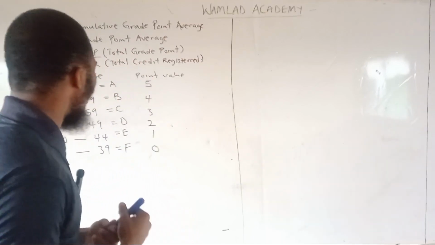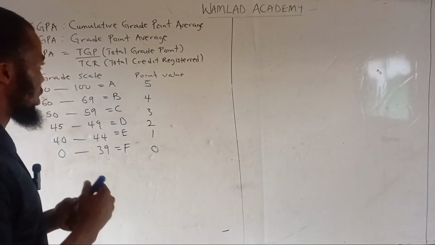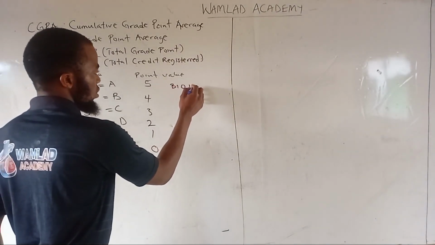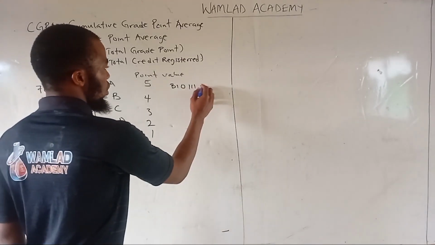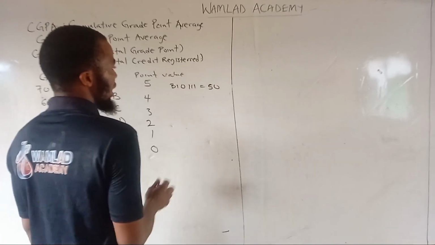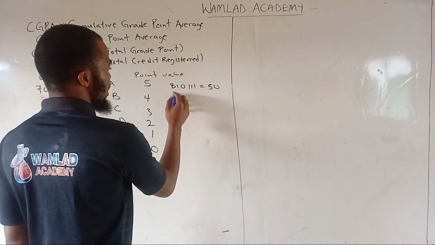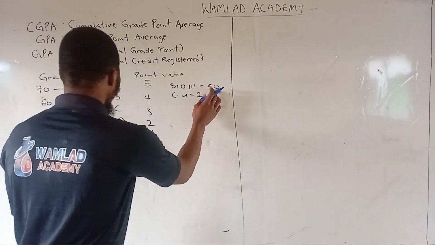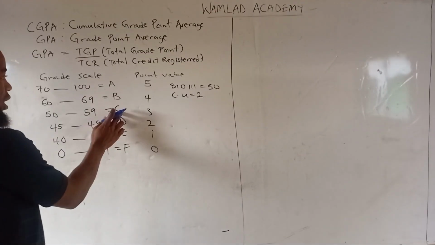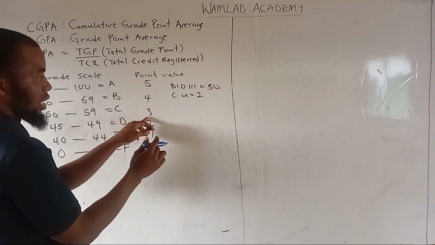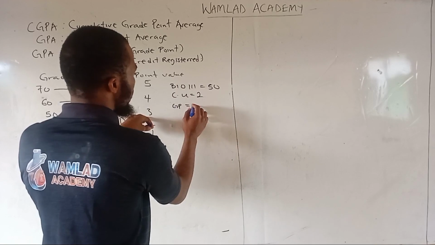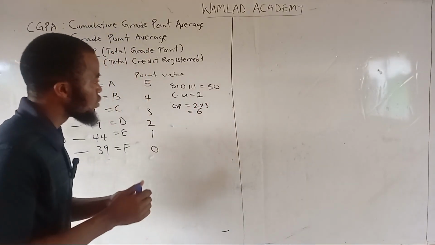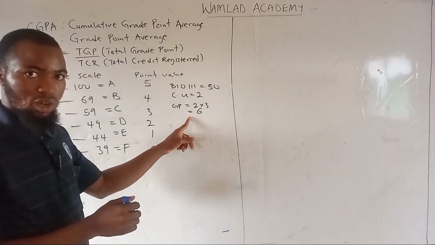Let's assume you are offering a course 111 and you score 50, and the credit unit is 2. 50 falls under C, and what is defined for C is 3. That means 2 multiplied by 3 is equal to 6. That's how you will do it for each course you are offering.